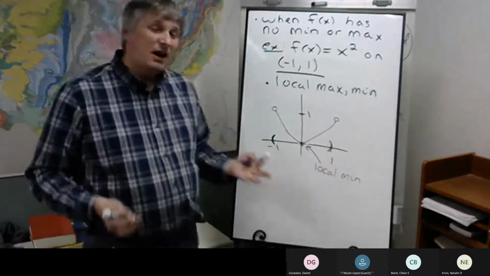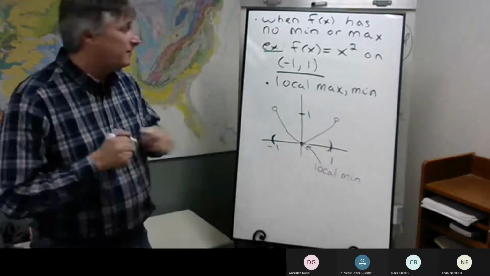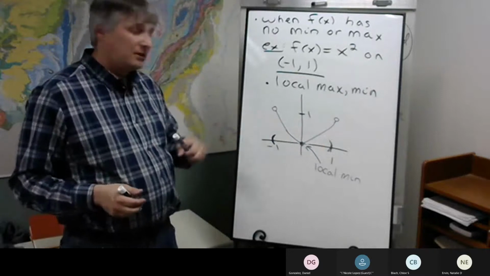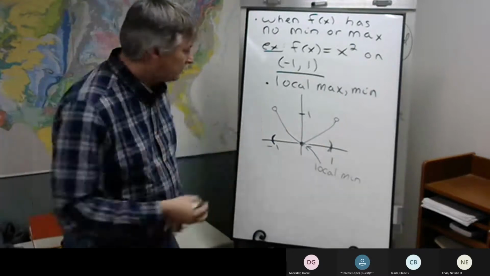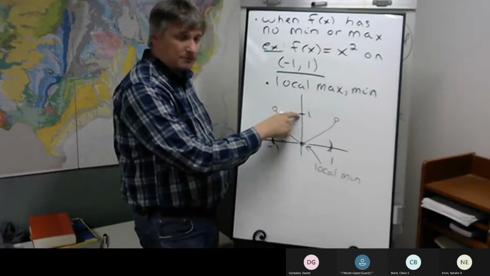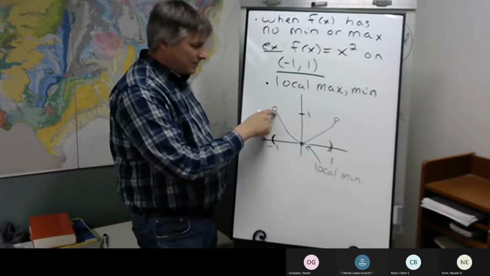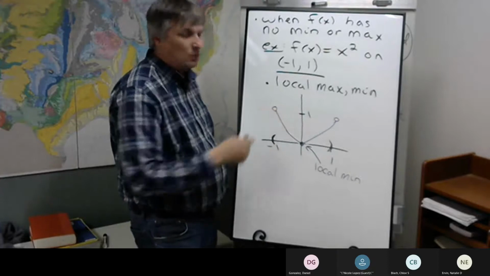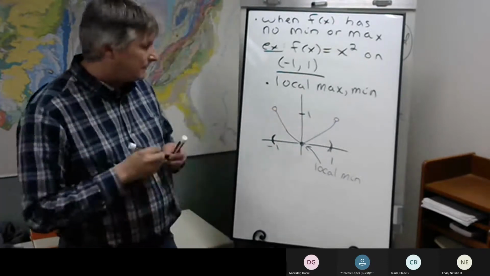But once again, we're not going to find a largest value of f of x on this interval. Because it's an open interval, for any value of f of x you pick that's less than 1, you can always find one between 1 and whatever point you picked.